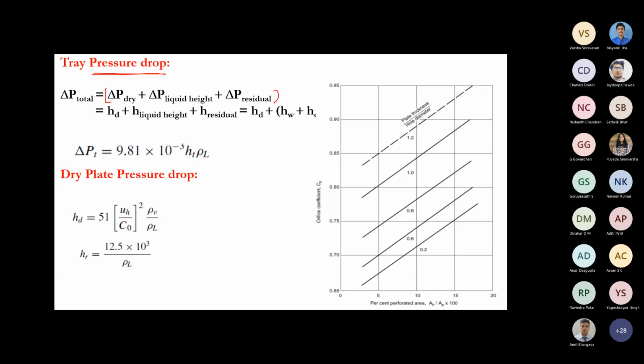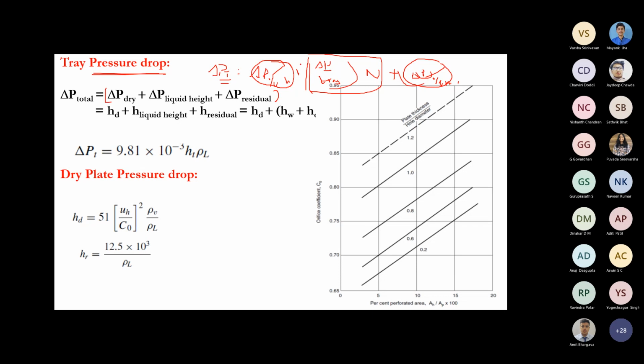So delta P total is delta P inlet nozzle plus delta P per tray times the number of trays plus delta P in the outlet nozzle. Normally the nozzle pressure drops will be very small, but the delta P total is contributed majorly by the delta P in each tray.